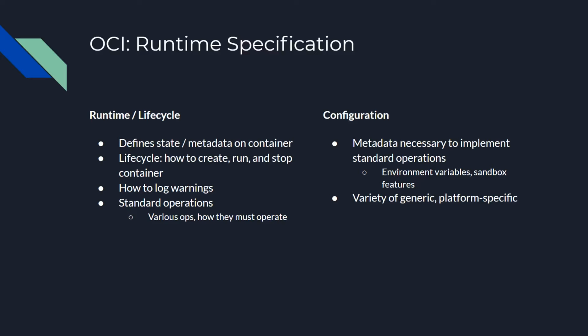And a runtime will then be able to take that image specification and unpackage it into a running container. And the really interesting part about the runtime specification is the runtime and lifecycle portion of it. This section of the specification is going to talk about how you take an application image and convert it into a running container, and how that container should act while it runs, and how, for instance, to stop it.